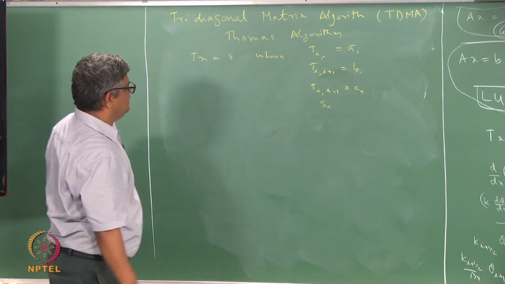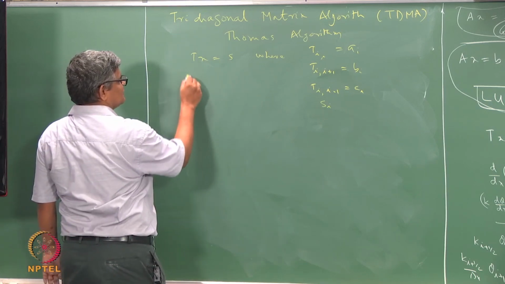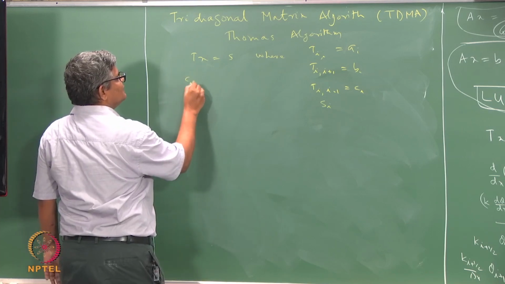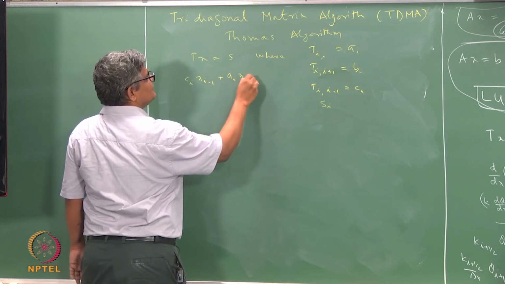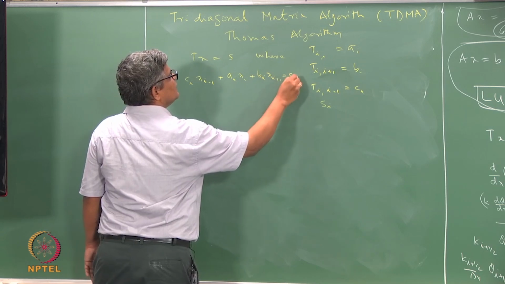Okay. So, this starts with conversion of this equation, that is ci xi minus 1 plus ai xi plus bi xi plus 1 equal to si.